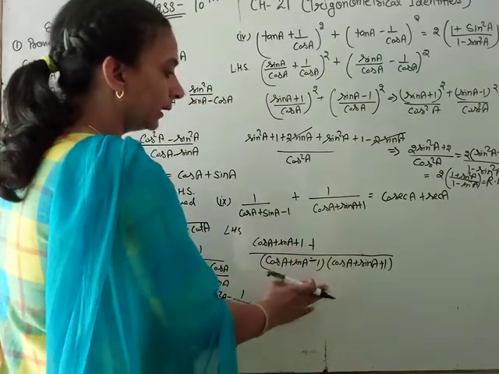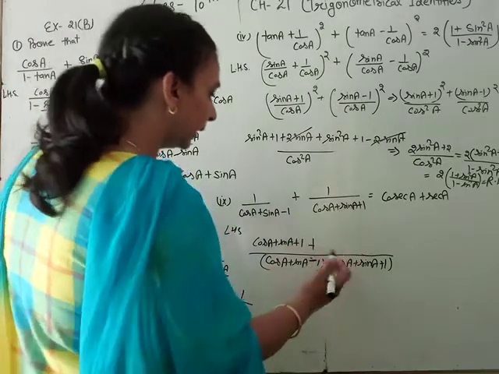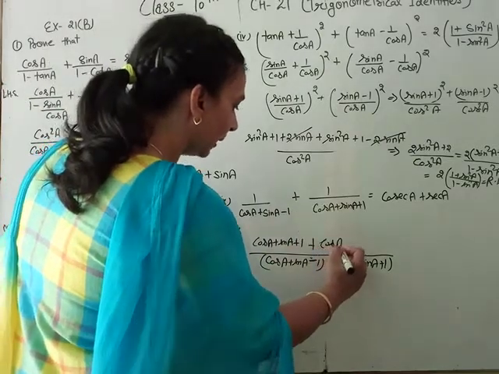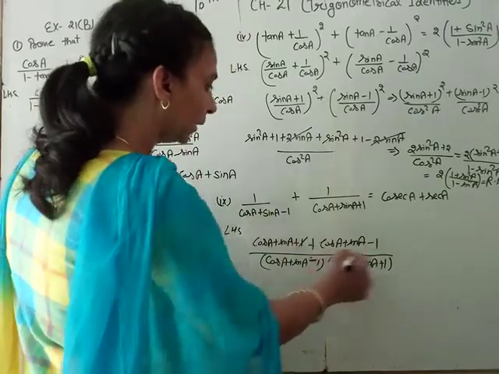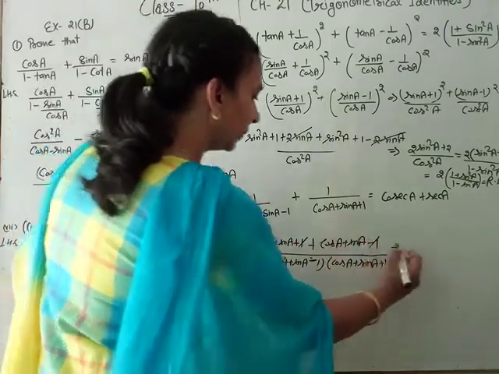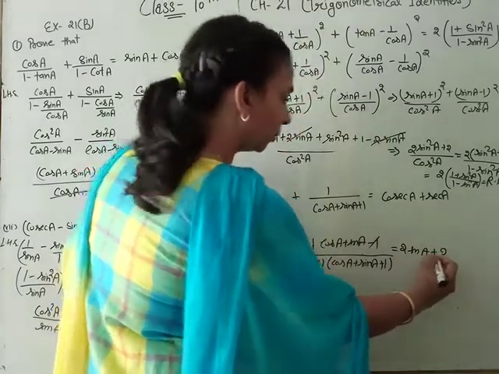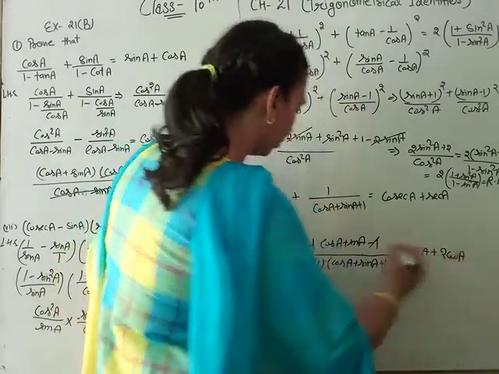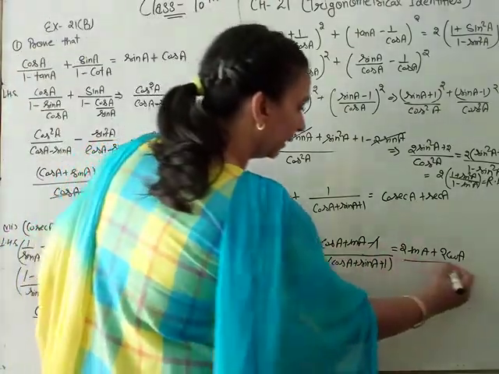If divided by this, then plus cancels, only this is left, and this multiplied by 1 gives cos A plus sin A minus 1. 1 and 1 cancel, and this equals 2 sin A plus 2 cos A, that is, 2 cos A and 2 sin A, divided by this.